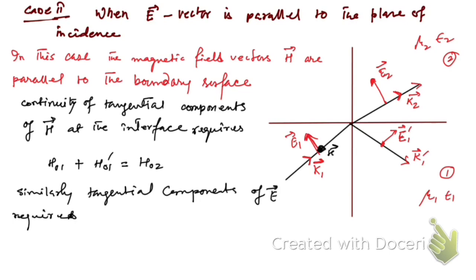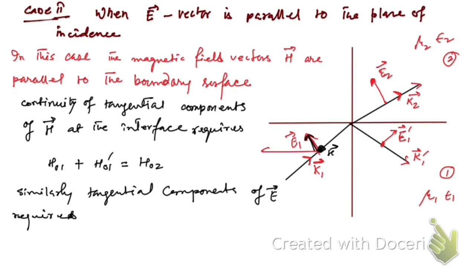This H vector is itself tangential to this surface, but the E vector is not tangential to this surface, so it must have two components. One is the perpendicular component and the other is the tangential component. This is the perpendicular component, which is perpendicular to this interface, and this is the tangential component, right?